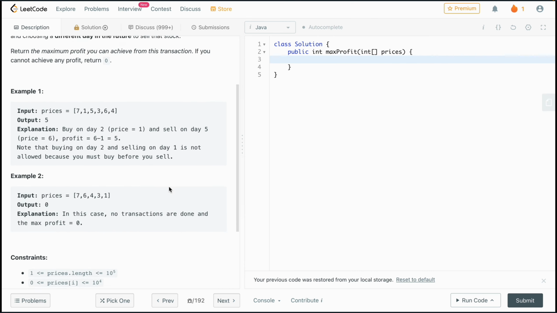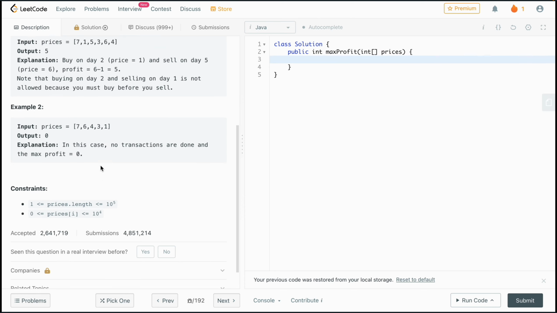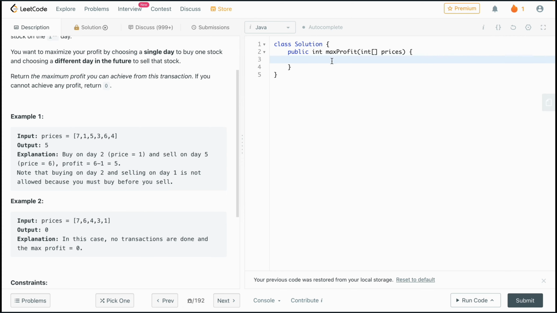So let's implement this. First, before I do, we see that the length of the array can equal 1. And if it's equal to 1, then we know we're just going to return 0. So if prices.length is equal to 1, then return 0. Else, now we're going to keep track of our buy day, so int buy, which at first is going to start off at index 0, and our int max, which is the maximum amount of money we have made.